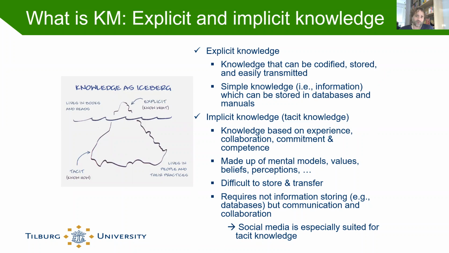And that's one of the main reasons that many organizations implement things like Office 365 and Slack and any other social media tool, because they hope to make what is inside people's minds more explicit to others. So it's not using explicit knowledge, it's making implicit knowledge explicit.